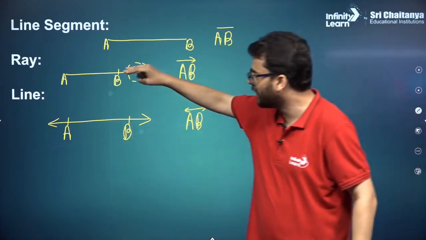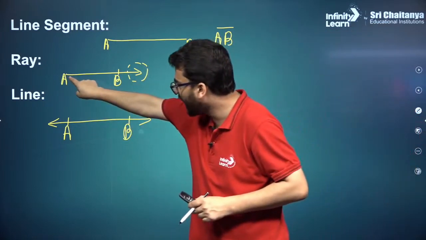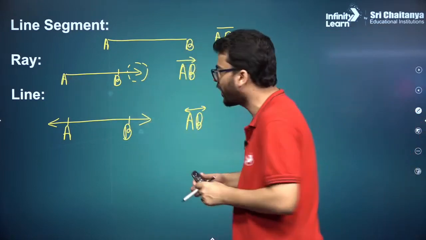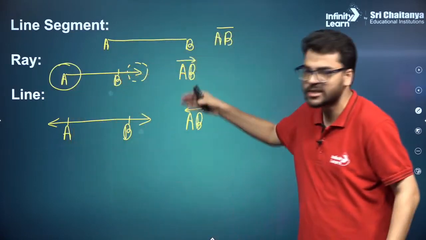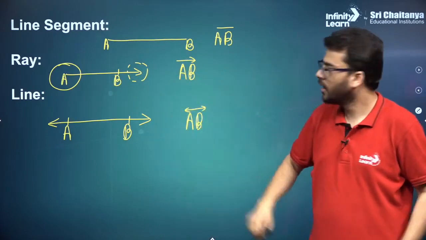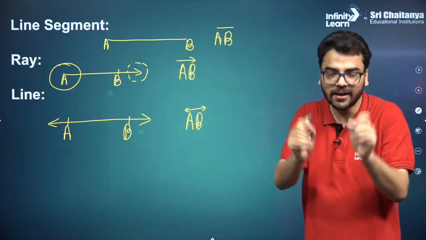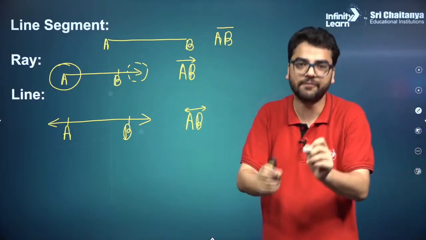In the same manner, length of a ray is not defined. A ray has an initial point, here point A is the initial point, and you don't know its final point because it is going on indefinitely in one direction. But a line segment has got two end points, therefore its length is defined.